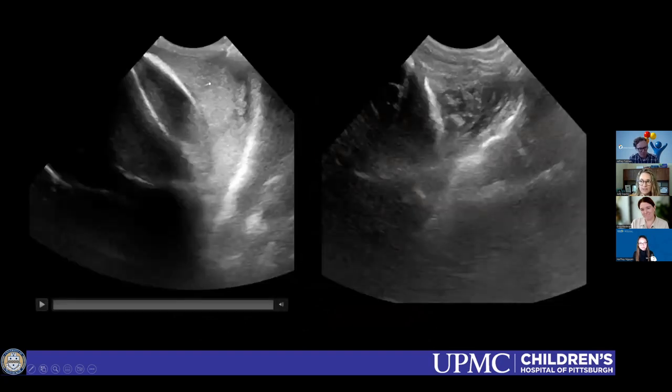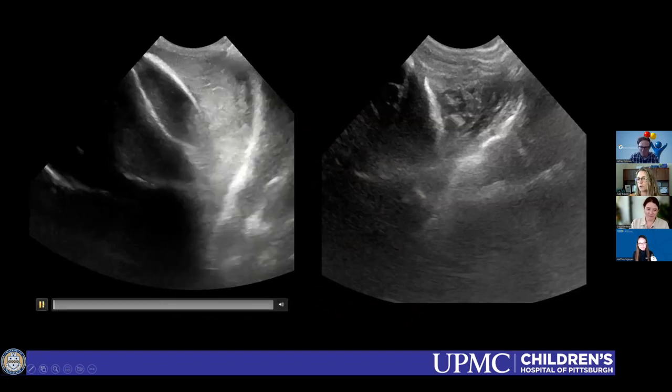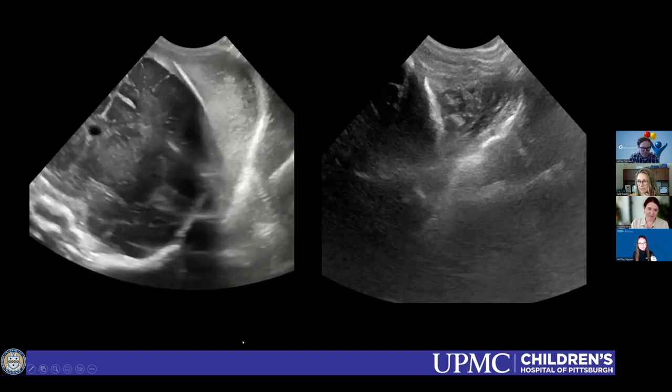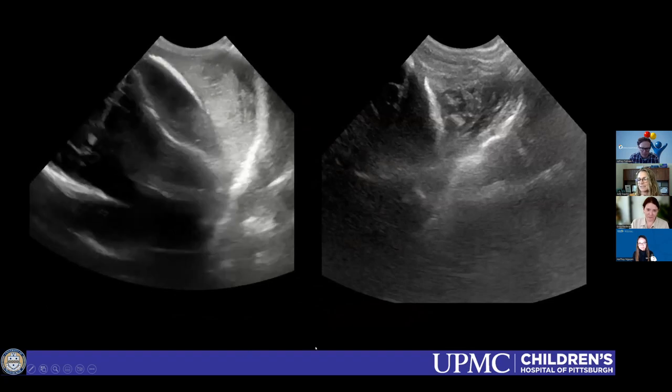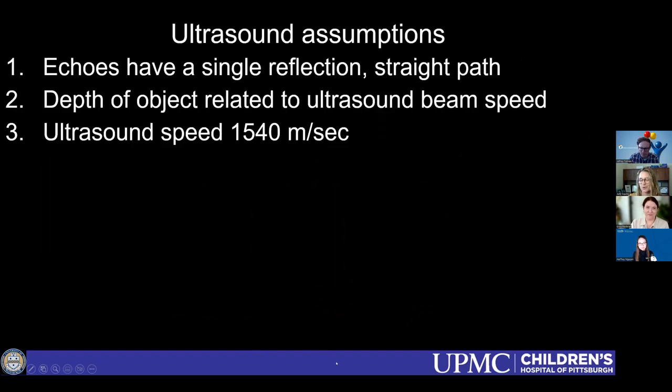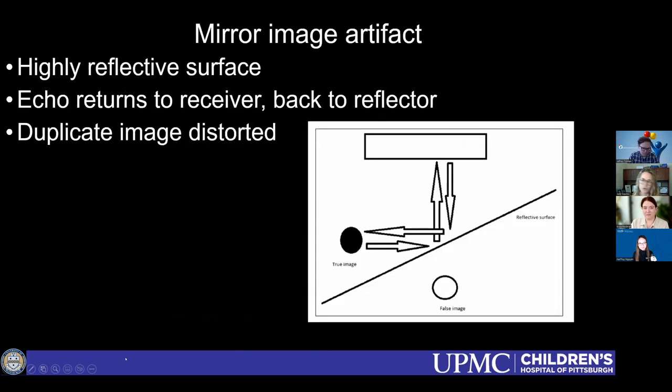It's always a patient who has either a subgaleal hemorrhage or a caput or crazy soft tissue edema. And this is an artifact, right? There are lots of assumptions that an ultrasound machine makes. This is mirror image artifact. It's the same artifact you get when you have a liver lesion and it shows up in the lung because it's reflected off the hemidiaphragm. It's well described. Just keep this in mind, it's probably artifact.